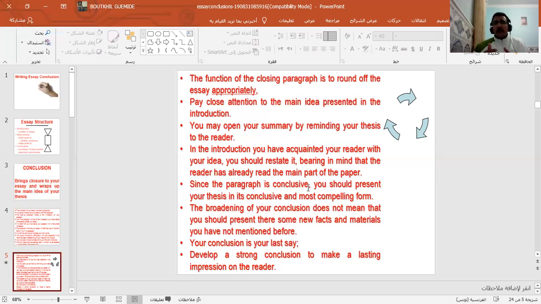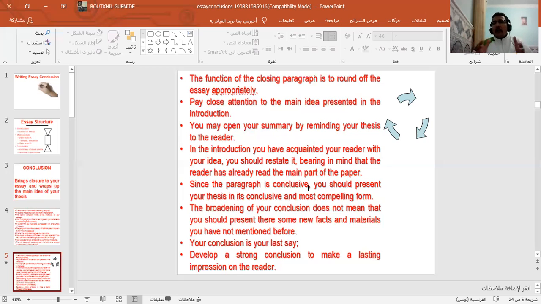Restating the thesis and summarizing the main points discussed in both the body paragraphs and the introductory paragraph doesn't mean that you are going to broaden your concluding paragraph. Don't make it of a big size.